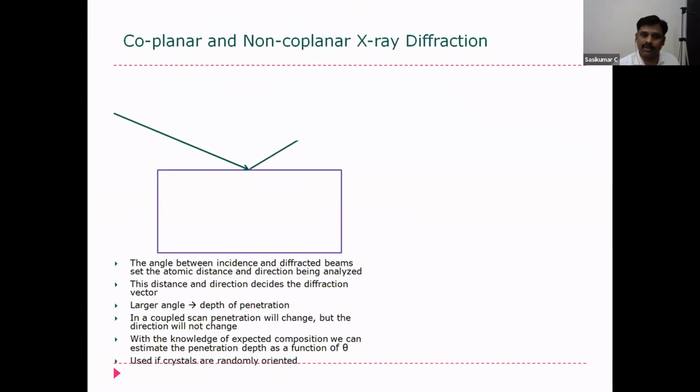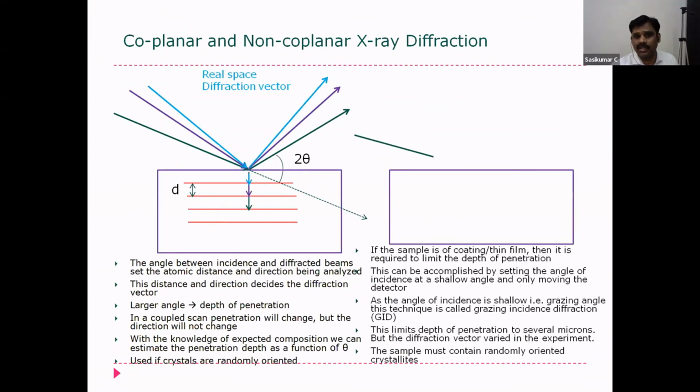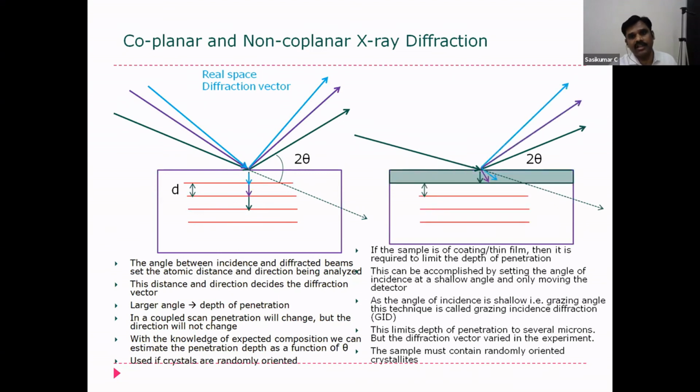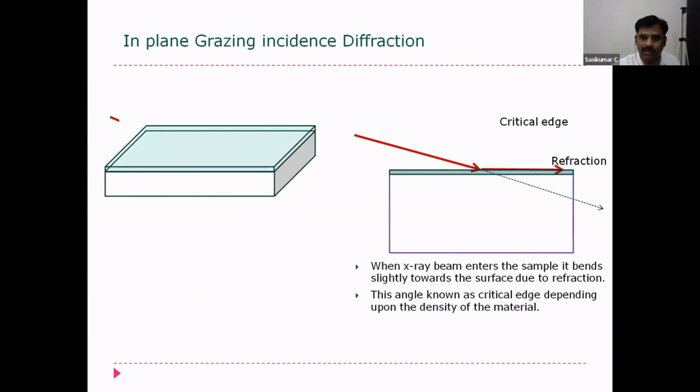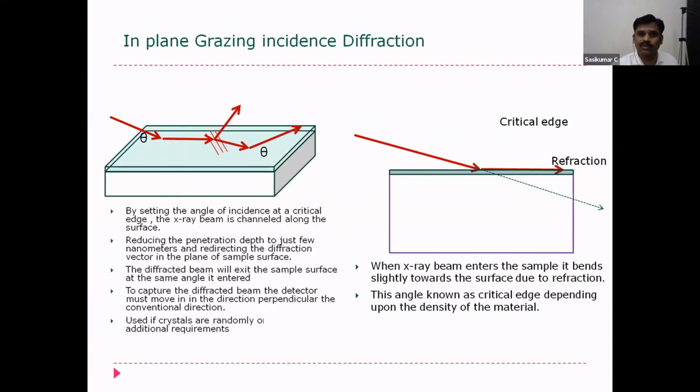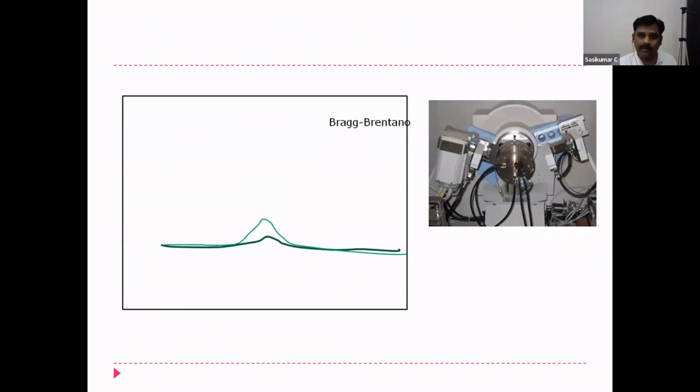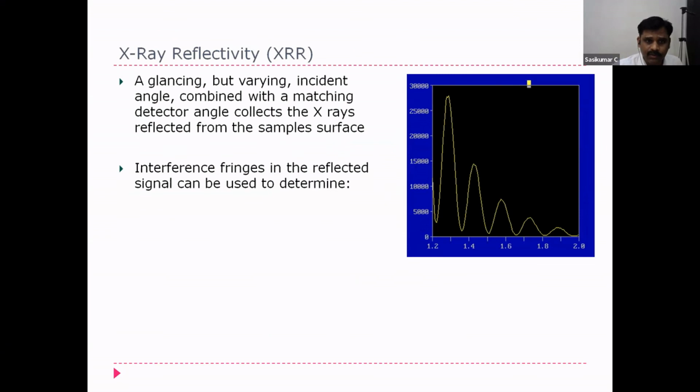In grazing incidence, there are various methods like coplanar and non-coplanar methods available, especially if you want to find out how the film is distributed and how the orientation is, and there you can use it.